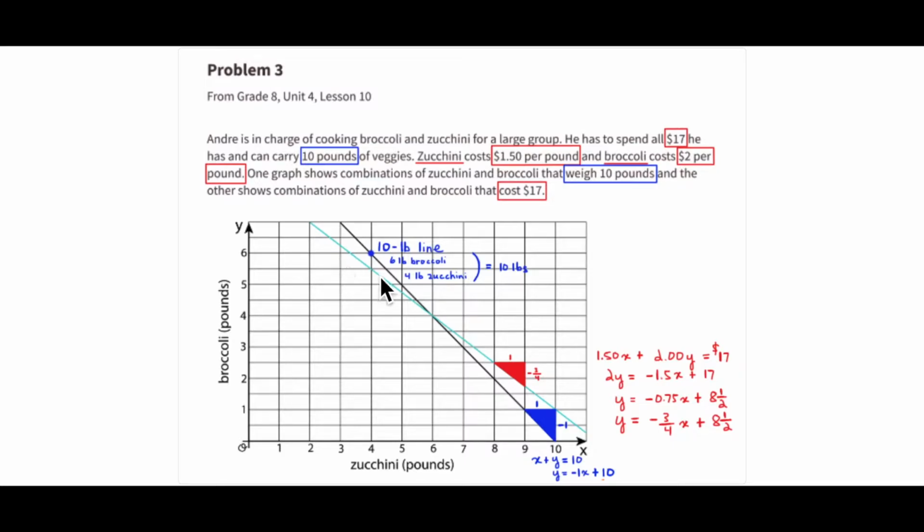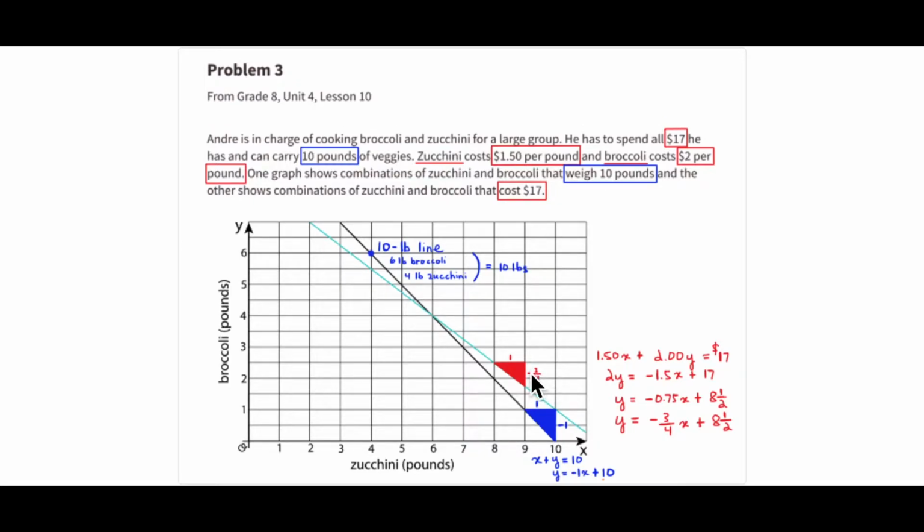Now each time you trade a pound of zucchini, so add a pound of zucchini, you have to subtract 3/4 of a pound of broccoli, because 1 pound of zucchini costs $1.50, and 3/4 of a pound of broccoli costs that same $1.50. So remember that the broccoli is $2 per pound, so 3/4 of a pound is going to cost $1.50.